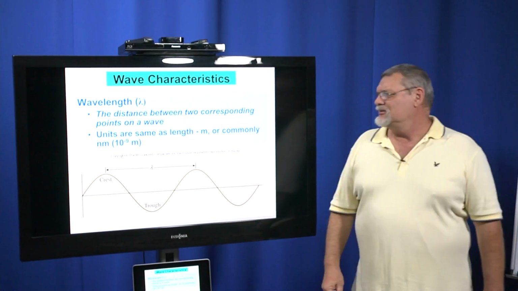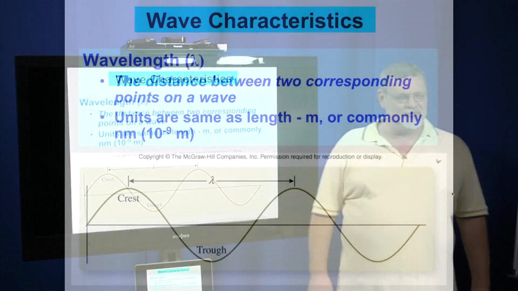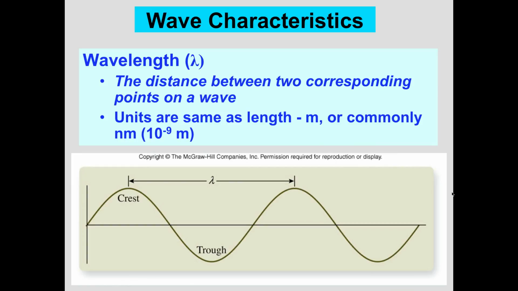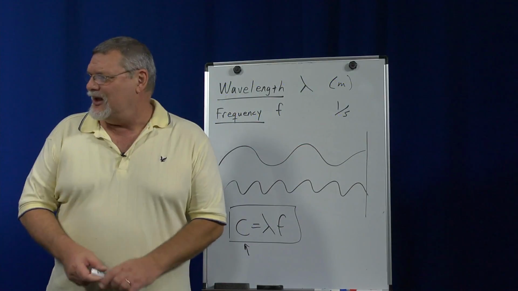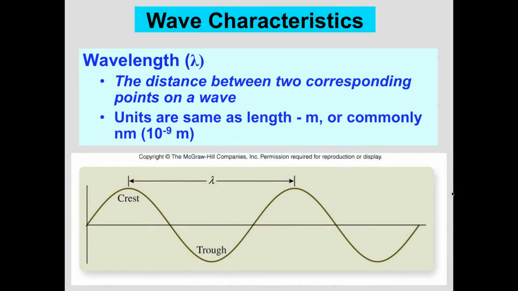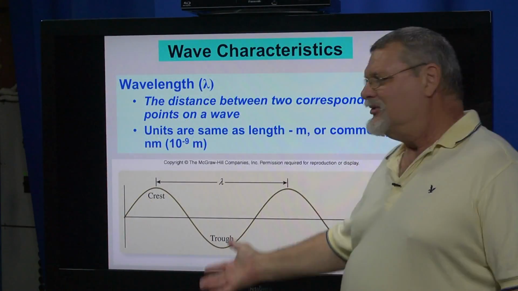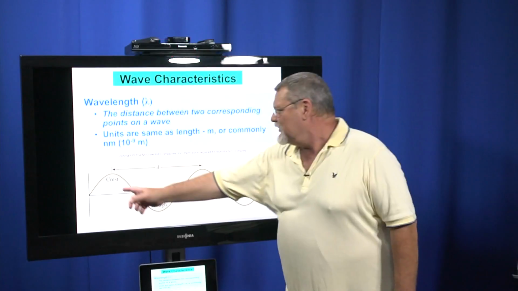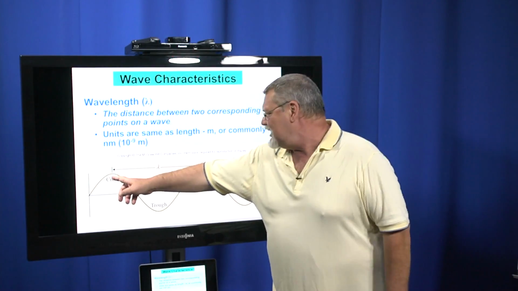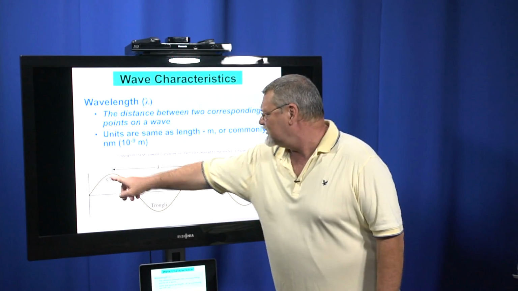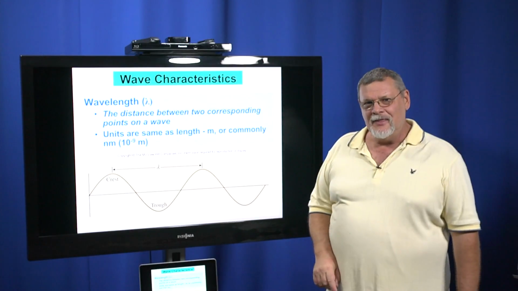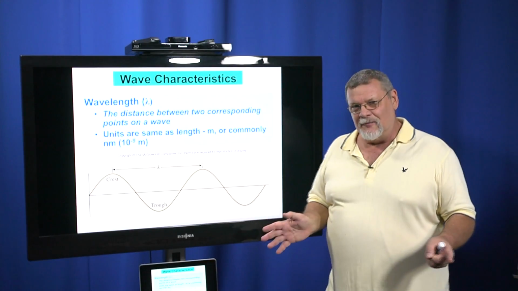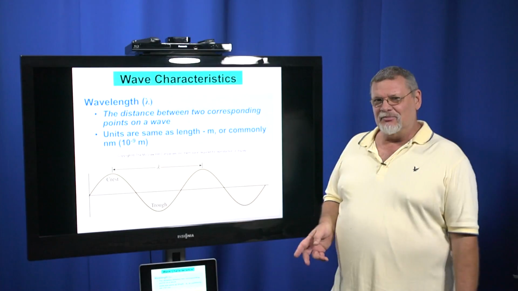So we need to define some characteristics of waves. The definition of a wavelength: here I have a wave, and I'm measuring the wavelength, the length of the wave. It's right there in the word. What is the wavelength? It's the length of the wave. I'm measuring, and this is any wave by the way, from the crest to the crest of a wave. It doesn't matter where we measure it from, as long as it's a corresponding point on the wave.